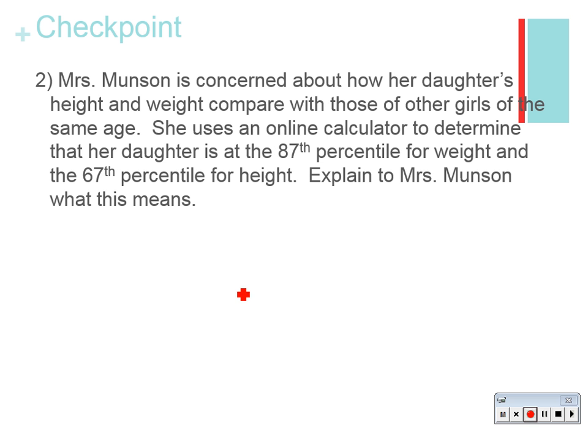For question 2, it says, Mrs. Munson is concerned about how her daughter's height and weight compare with those of other girls of the same age. She uses an online calculator to determine that her daughter is at the 87th percentile for weight and the 67th percentile for height. Explain to Mrs. Munson what this means. So this question is asking you to interpret both of these percentiles, one for weight, one for height.